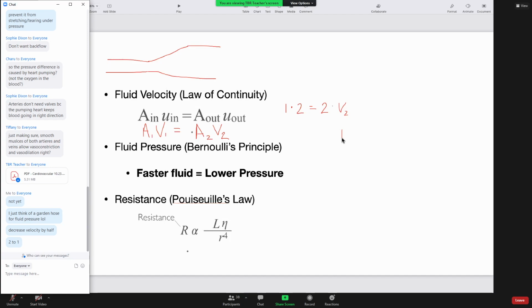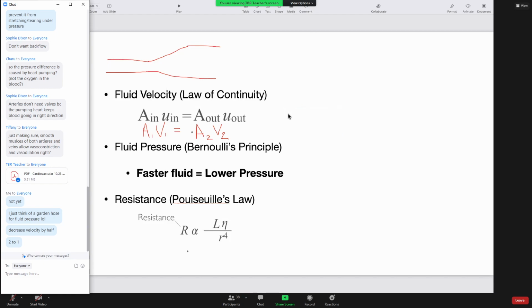And so this is when you use a garden hose, right? When you put your thumb over the top, you're decreasing the cross-sectional area of the exiting area of the garden hose, and the water speeds up. That water speeds up because you've decreased the opening of the hose, and that is the law of continuity. I'm using 2 to 1 because it's easy math. You can use anything.